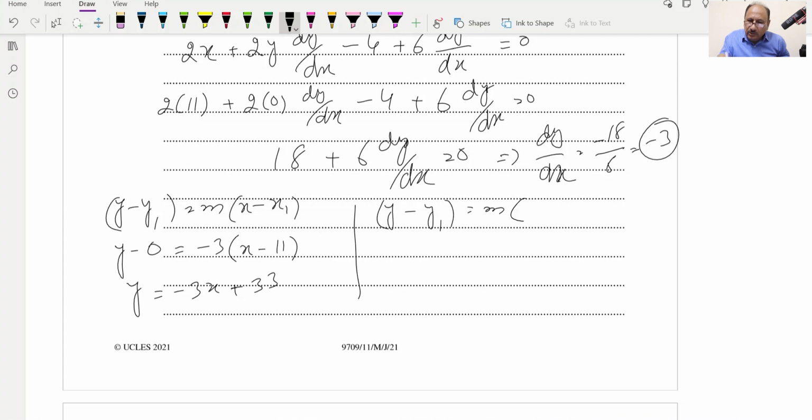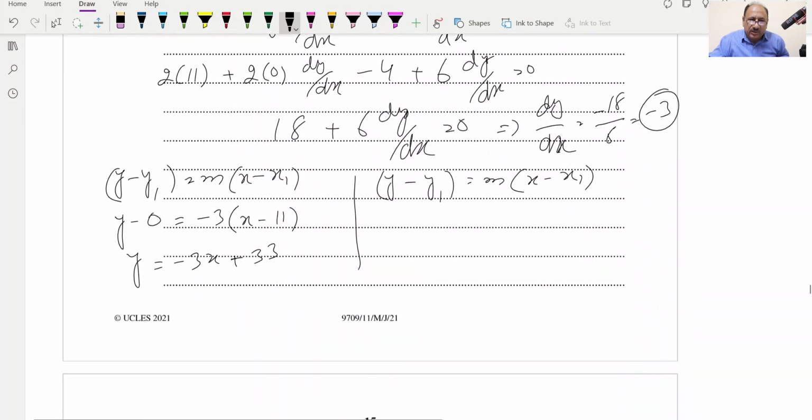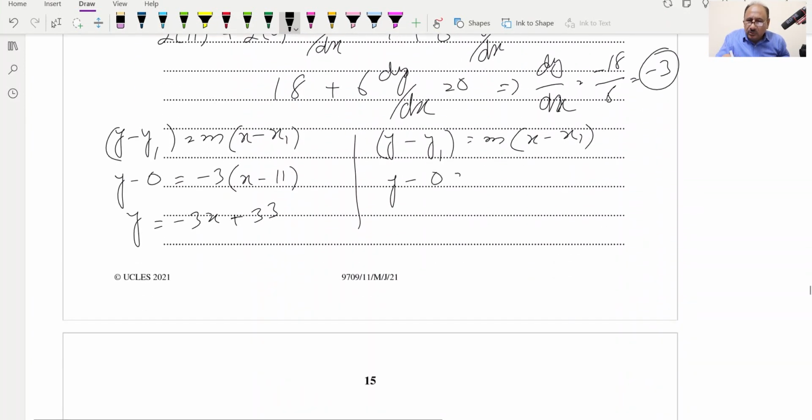For the second point we can write y minus y1 is equal to m into x minus x1, and the point will be minus 7 and 0. So y minus 0 is equal to minus 3 into x minus minus 7, and this will be y is equal to minus 3x, and this should be plus 3x plus 21.